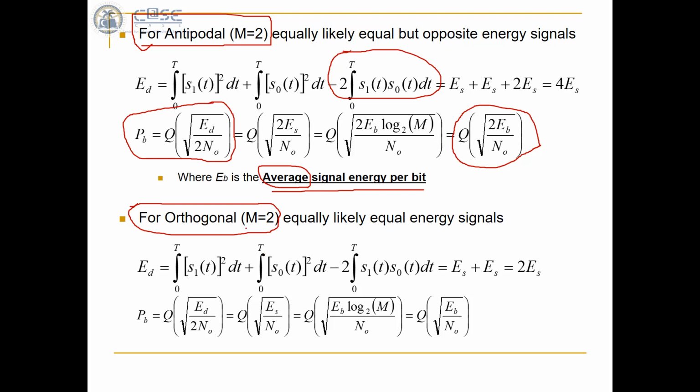One of the signals is orthogonal to the other signal, so this product there, which is nothing but the integration of the two orthogonal signals over the period T, will come out to be 0 when you integrate it. So ED will come out to be ES as a result, and if you substitute there, you end up getting this function Q of the square root of ES over N naught, right?